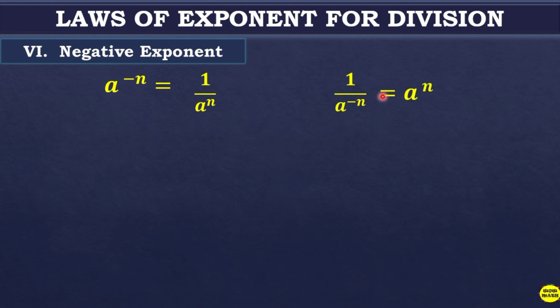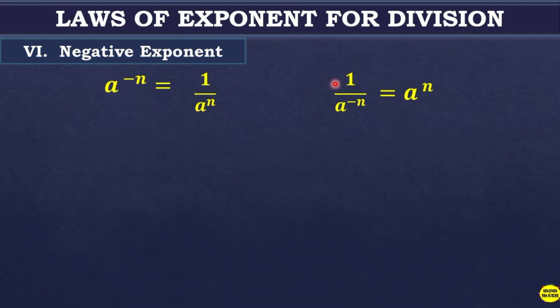Okay, so ano lang ang dapat tandaan kapag meron kang negative exponent? Reciprocal lang po. Para maging positive po yung ating exponent, a raised to negative n, kunin mo po yung reciprocal niya. Ilagay mo siya ngayon sa denominator. Magpa-positive po yung exponent niya. So since nasa denominator siya, magkakaroon ka ng 1 sa numerator.